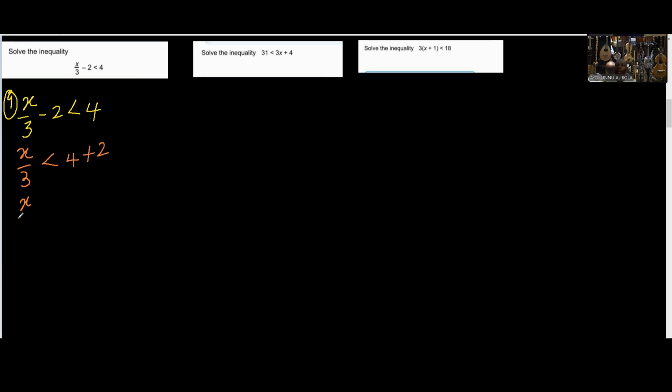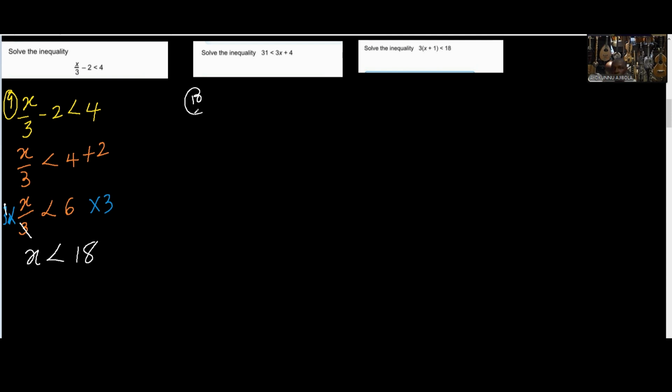Then x over 3 is now less than 6. Then you multiply both sides by 3. So this times 3 and this times 3. Then 3 cancels 3 on the left side, and you have x less than 18 because 6 times 3 is 18.